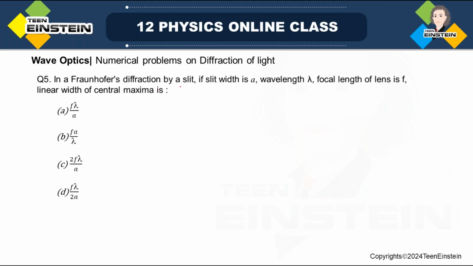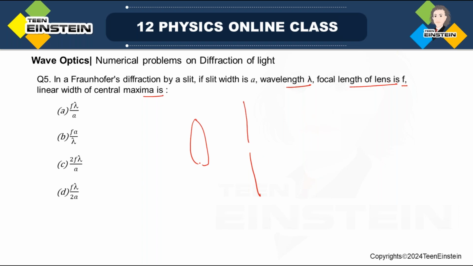In Fraunhofer diffraction by a slit, if the slit width is a, wavelength λ, and focal length of the lens is f, what is the linear width of the central maxima? If you remember, I have a slit in front of a diffraction setup, and we actually use two lenses.